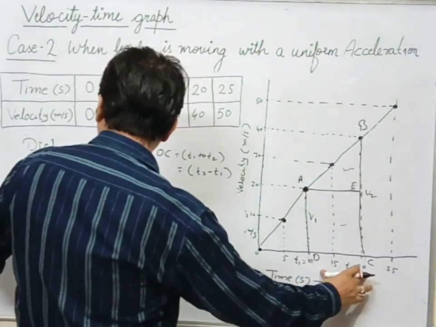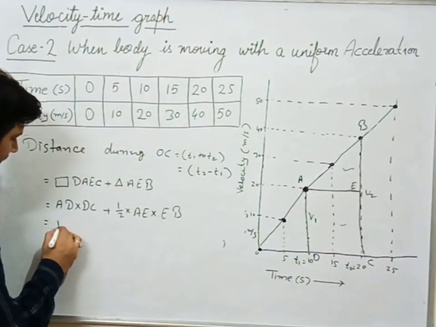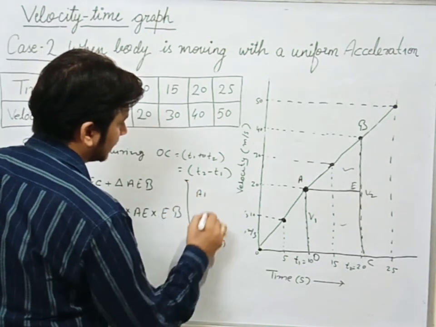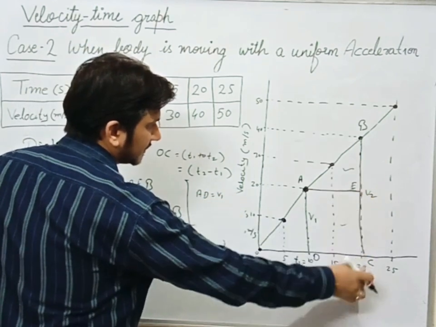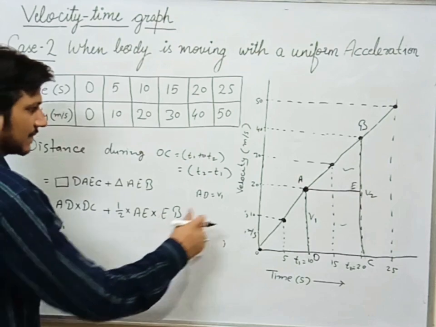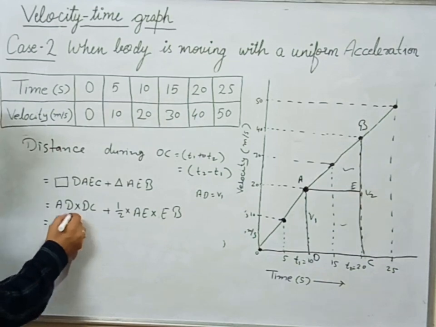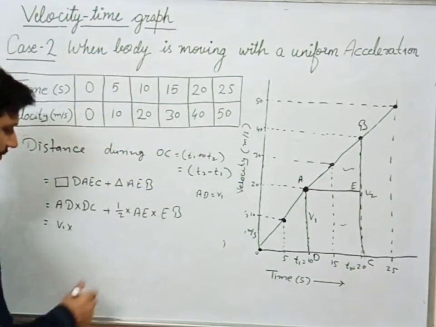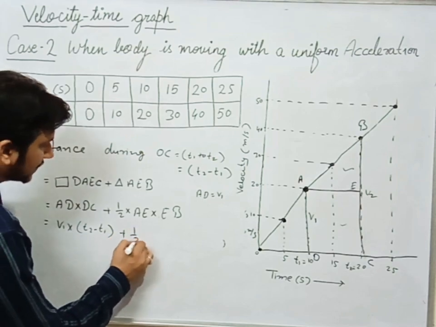AD equals V1. You know that AD equals V1, and AD equals EC. So V1 and DC equals T2 minus T1, plus half AE.